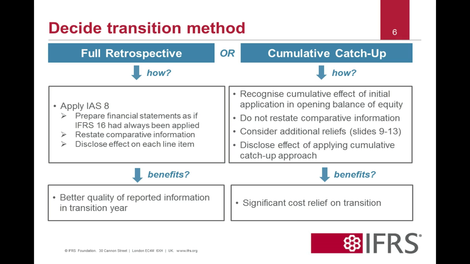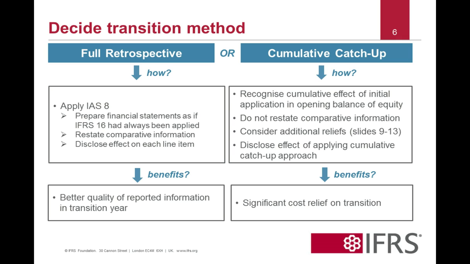Moving on then to the second step on the overview slide, which is deciding which of two transition methods to use. We mentioned earlier that the first option is to perform a full retrospective approach in accordance with IAS 8. That effectively means preparing a set of financial statements in the transition year as if IFRS 16 had always applied.